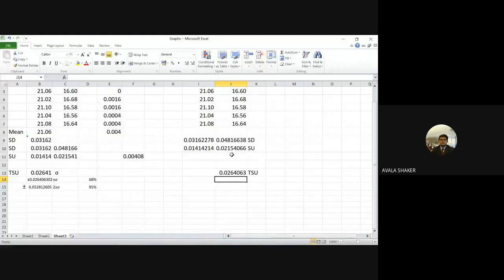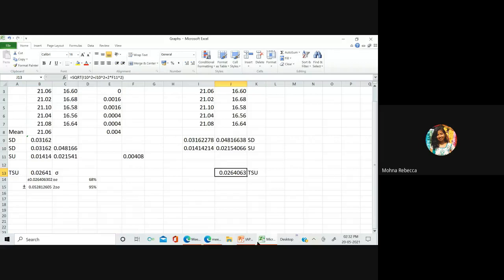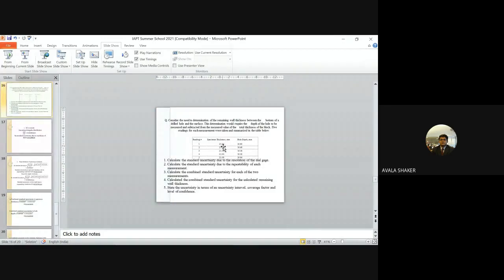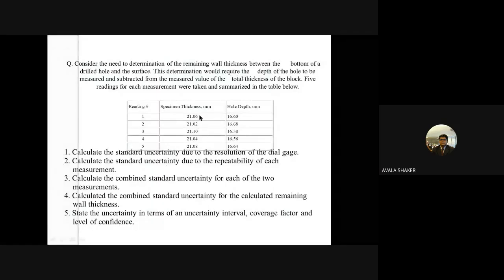So this is the uncertainty in this, and this would be the total uncertainty if there is a propagation error. Sir, what is the third term here, 2 into F11 square? Why did we take that? There's an uncertainty in your dial reading also. The least count of the dial is 0.02, which you can see from the readings. If you look carefully, all your readings are ending in an even digit.